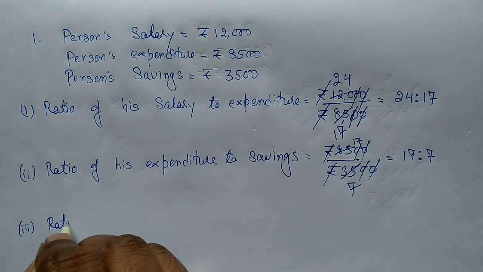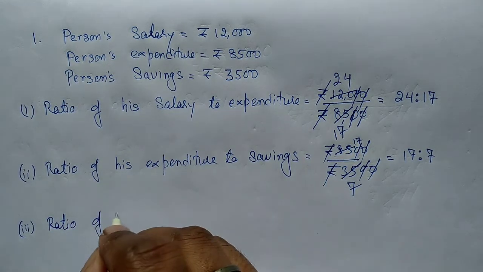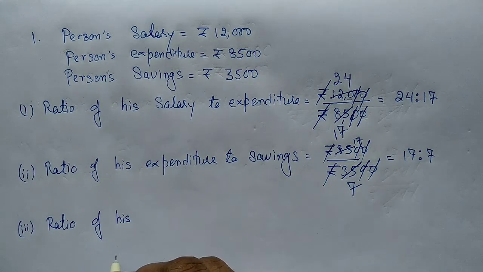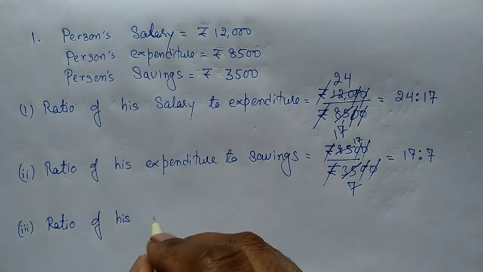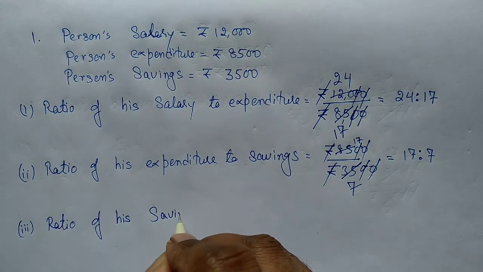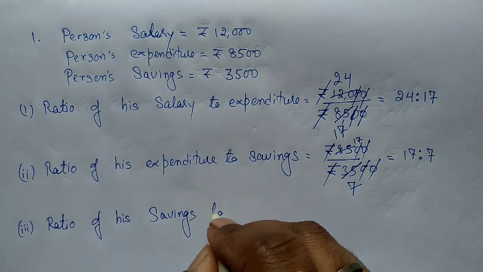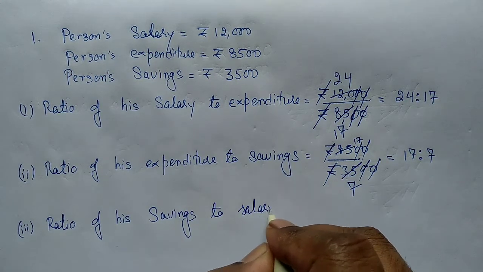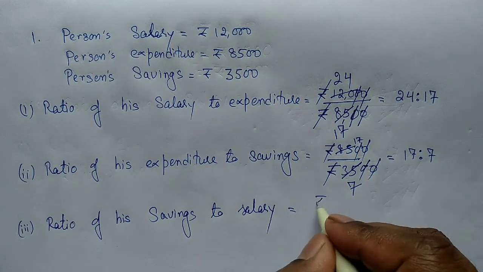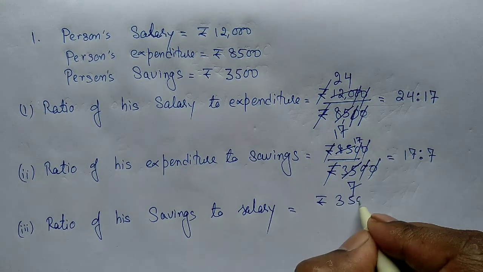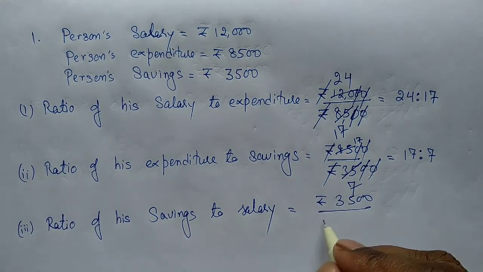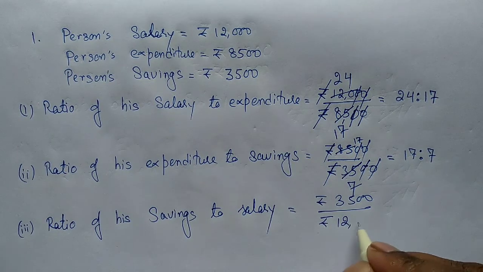Ratio of his, let us see the question, ratio of his savings to salary. Okay, of his savings to salary. So savings was rupees 3,500, whereas his salary was rupees 12,000.